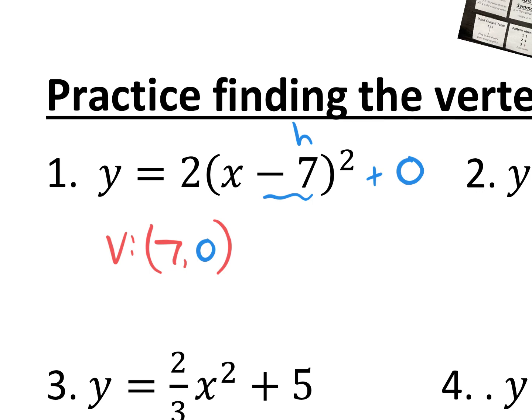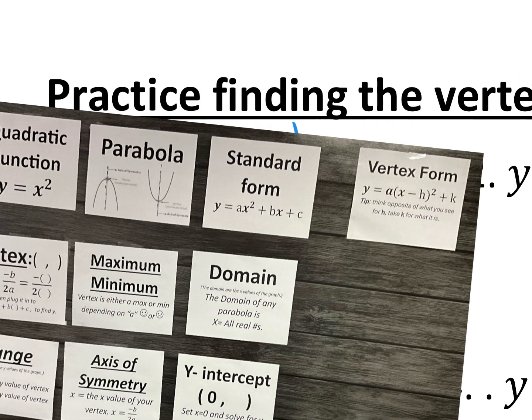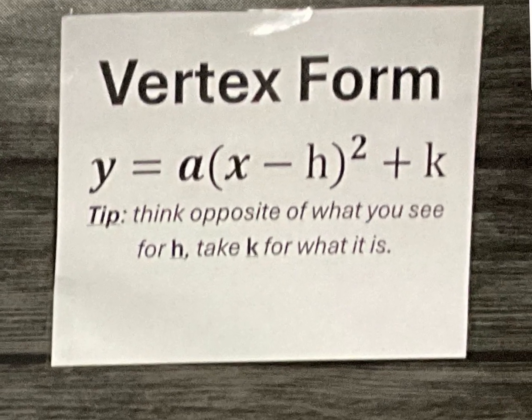Okay, so what we got to get familiar with here is vertex form. The h is going to be inside parentheses being subtracted from x, always. It can't be outside. It has to be inside parentheses being subtracted from x, and that's going to be the x value of your vertex. The k value is a number that's being added or subtracted at the very end, and that you take the way it is. So if you see a -3 out here, the y value of your vertex is -3.